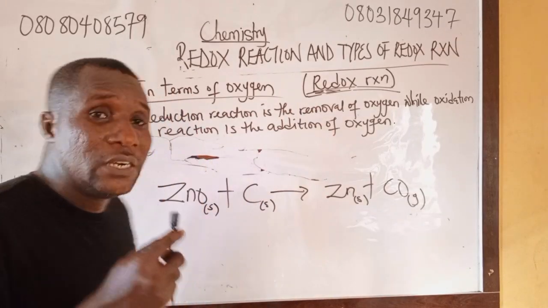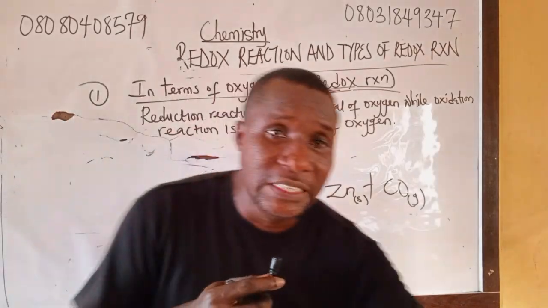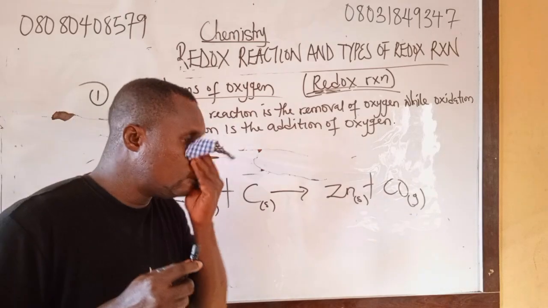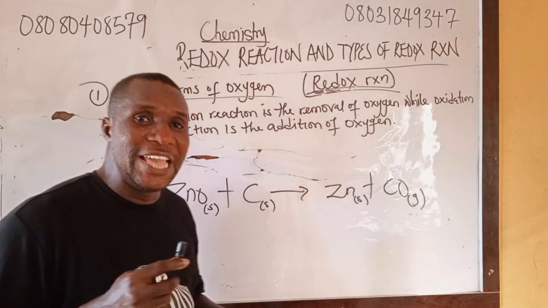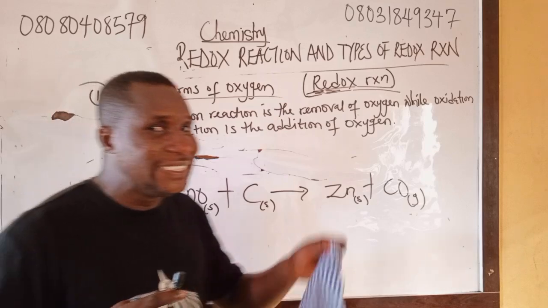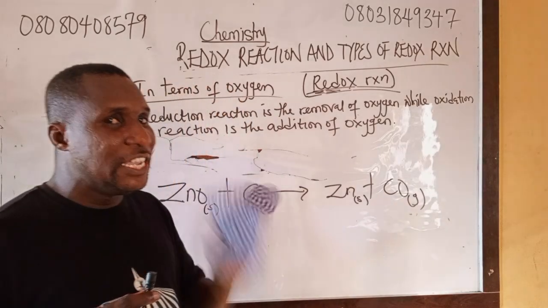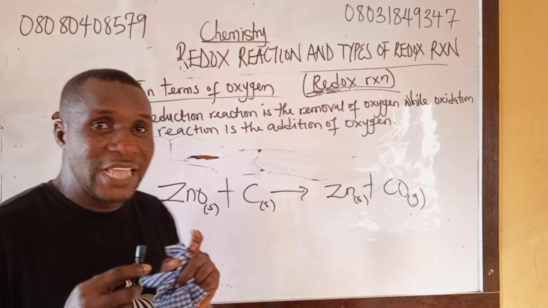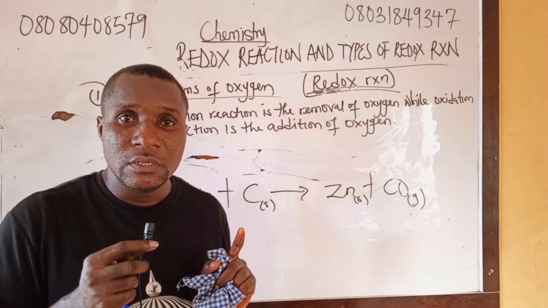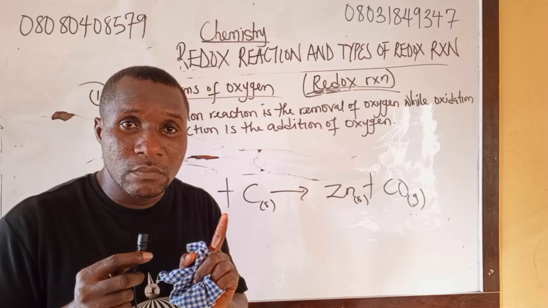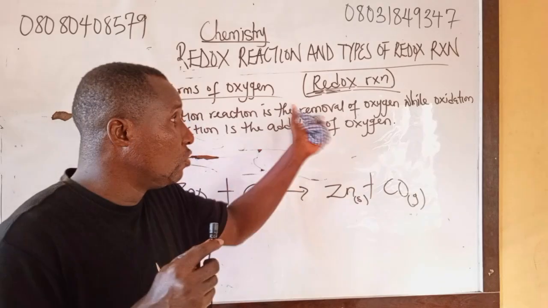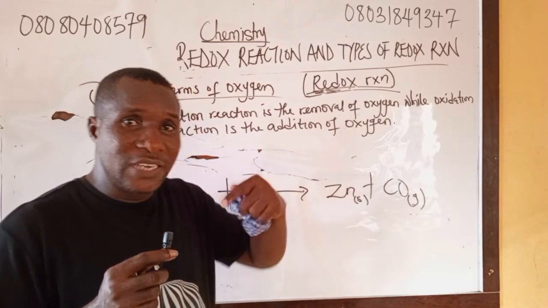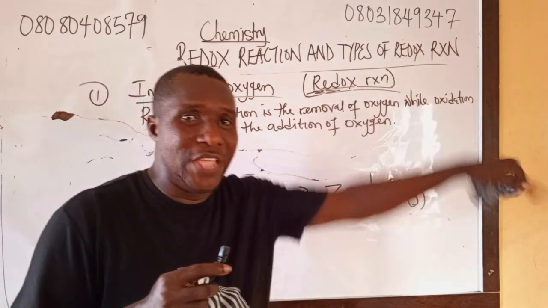Take note of this. Reducing and oxidizing agents can never be at the product side. I repeat, reducing agent and oxidizing agent are species, molecules or atoms that undergo those reactions. Reducing agent undergoes oxidation reaction. Oxidizing agent undergoes reduction reaction.